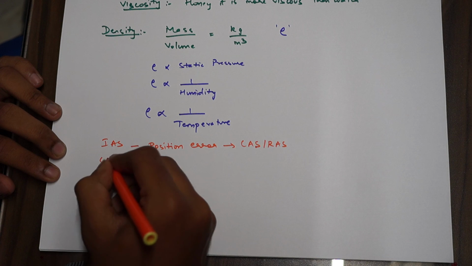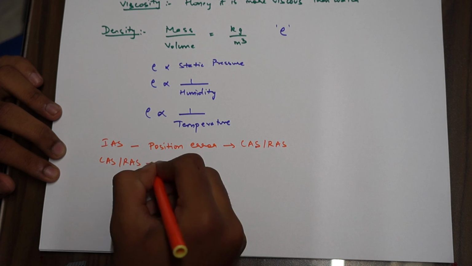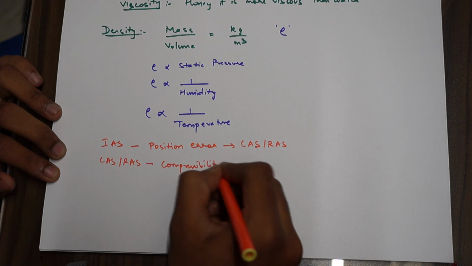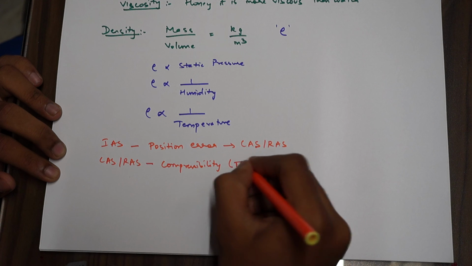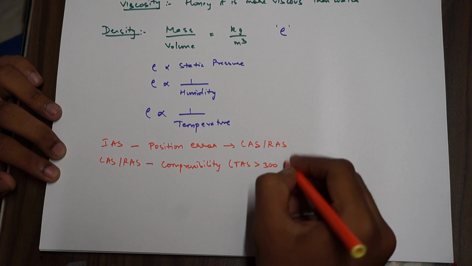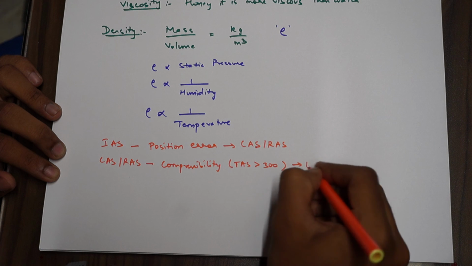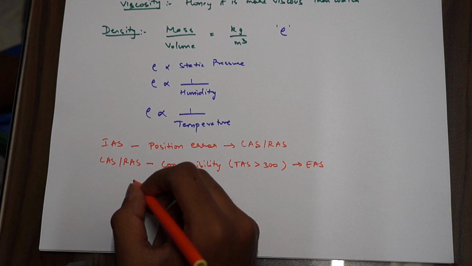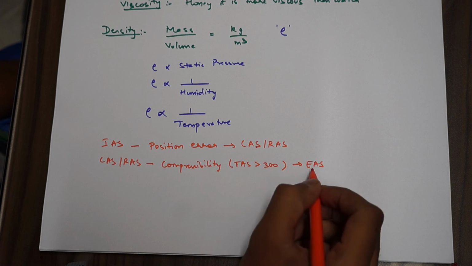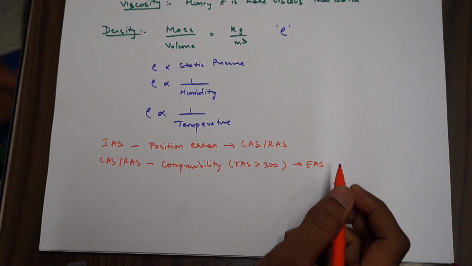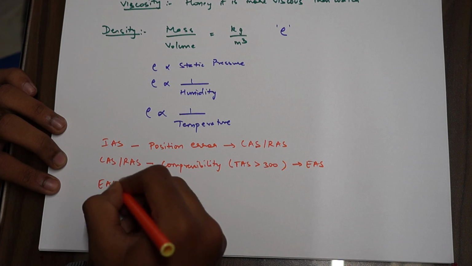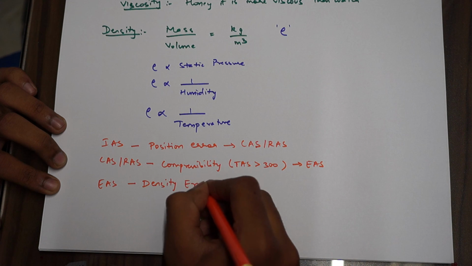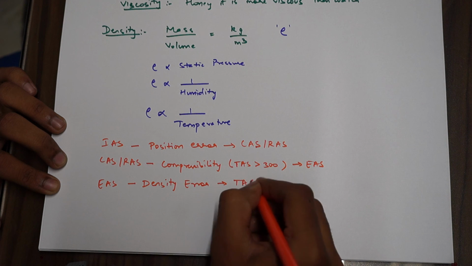Okay, then this CAS or RAS, when it is corrected for compressibility at speeds TAS greater than 300 knots, this becomes EAS. Okay, so CAS corrected for compressibility will give you your EAS. Okay, and EAS corrected for density error will give you your TAS.